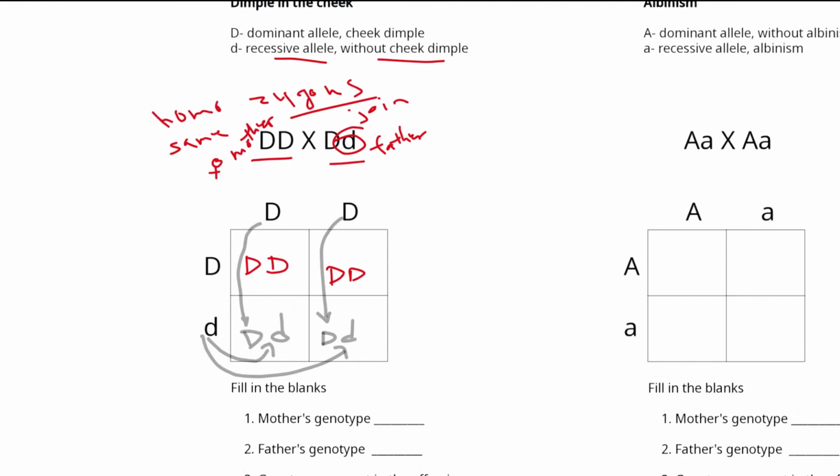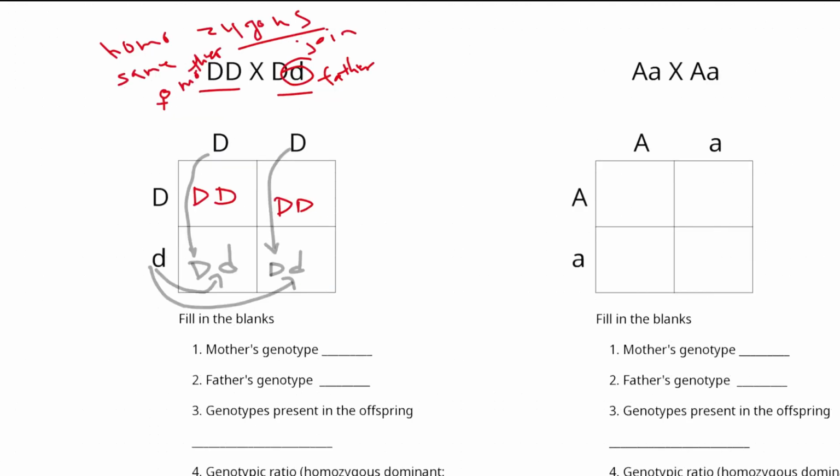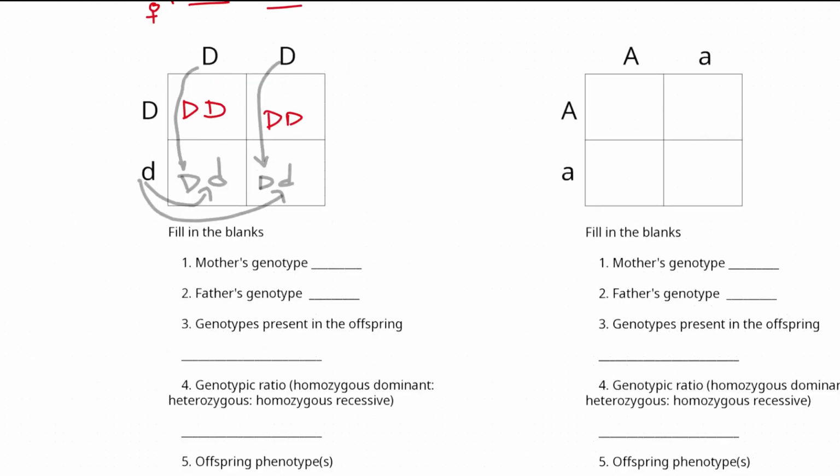Let's answer the questions. The first one wants to know the mother's genotype. And that will be at the top here, capital D, capital D. And the father's genotype on the side, capital D, little d.